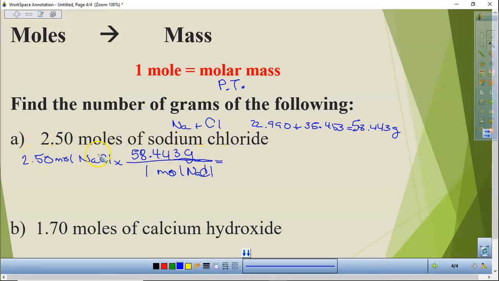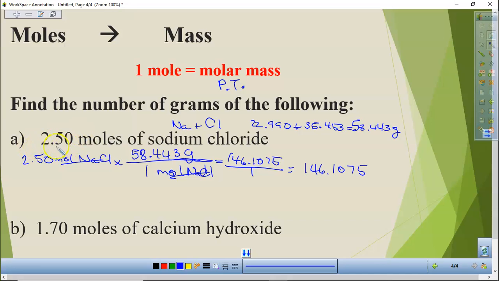I cancel my units first, then multiply what's in my numerator: 2.50 times 58.443. And I divide by what's in the denominator, which is just 1. So 146.1075 divided by 1 is equal to 146.1075. How many sig figs can I have in my final answer?